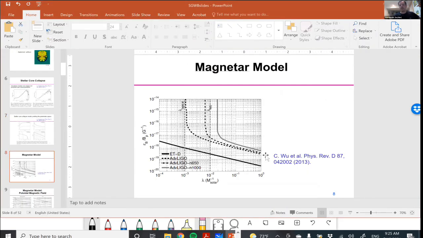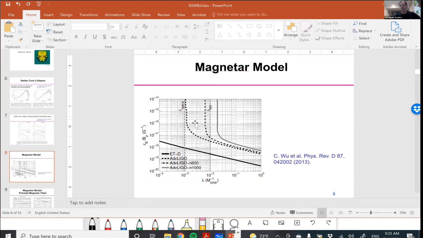We did this study a long time ago at this point. And what you see here is, maybe the most interesting ones are the advanced LIGO, probably this one here is the most relevant curve, and the Einstein telescope sensitivity over here.